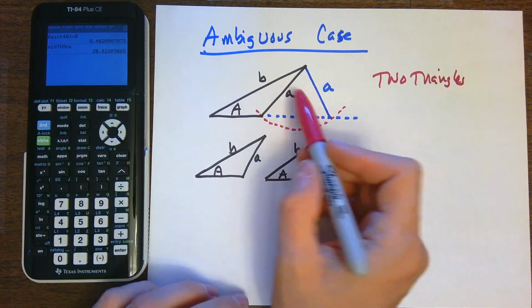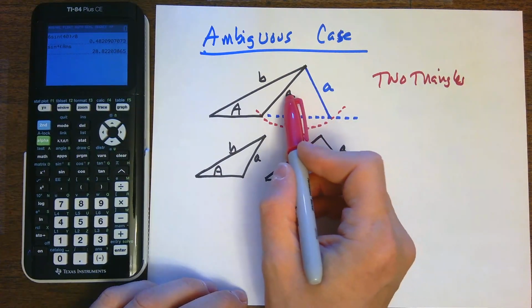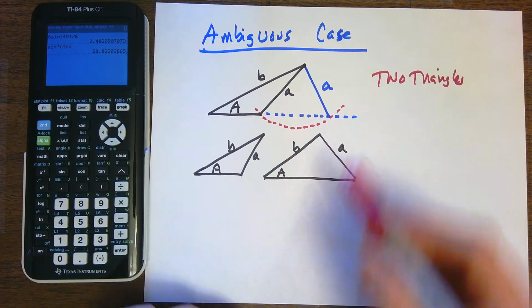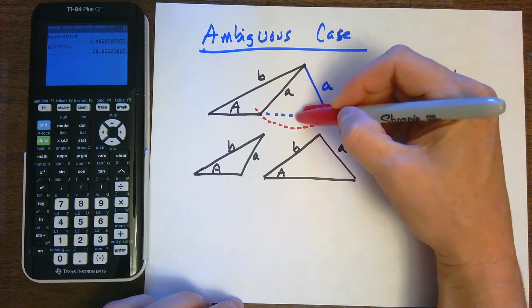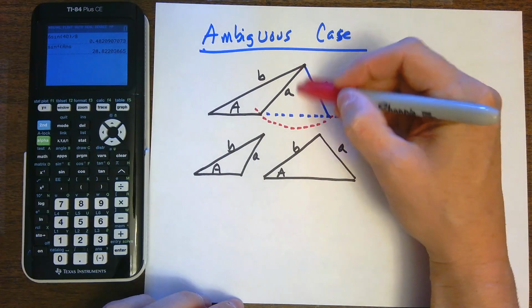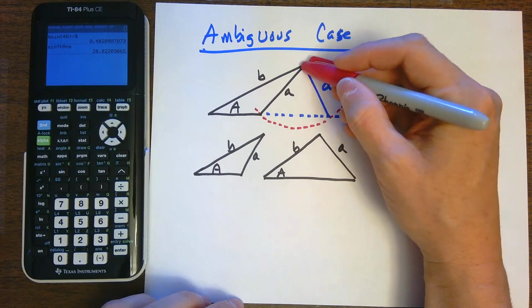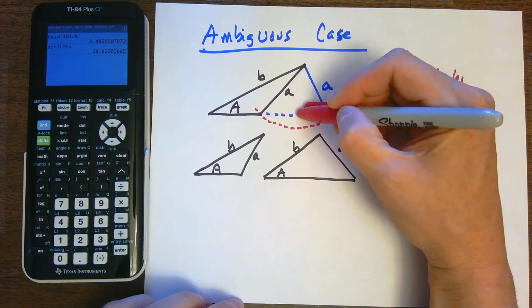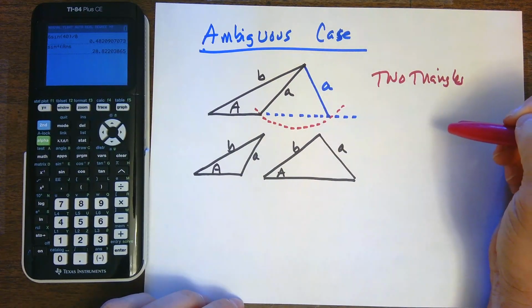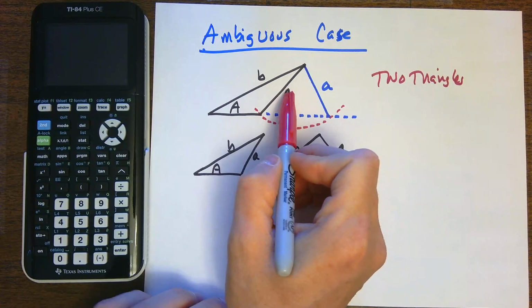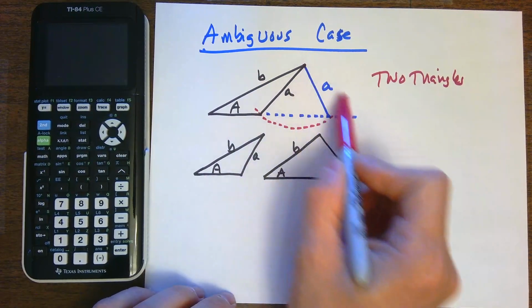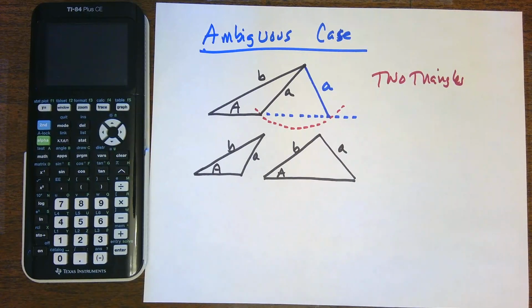What would have to be true for side length A to only have one triangle? Well, if it was the vertical, the height right here, then I would get one perfect right triangle. Or if side A was bigger than side B, then it couldn't be in here. It would have to be out there. I would only have one triangle.